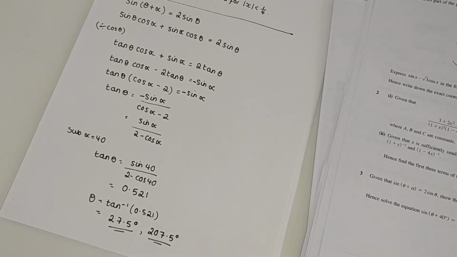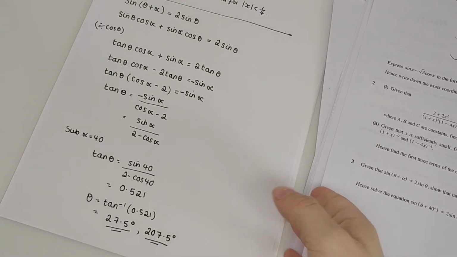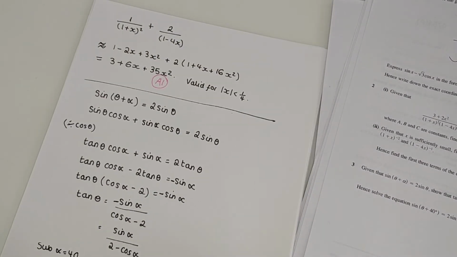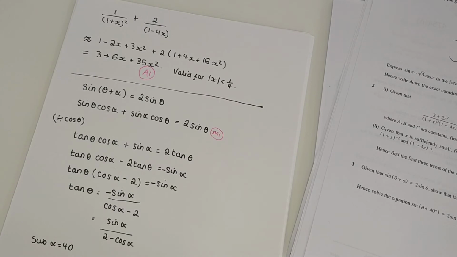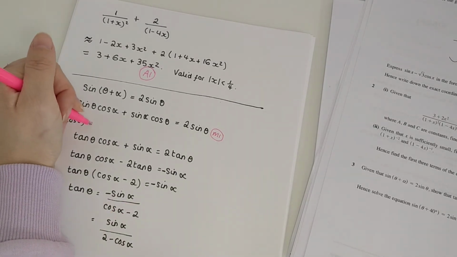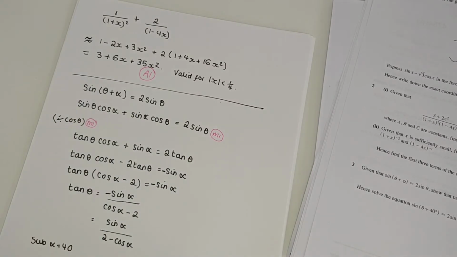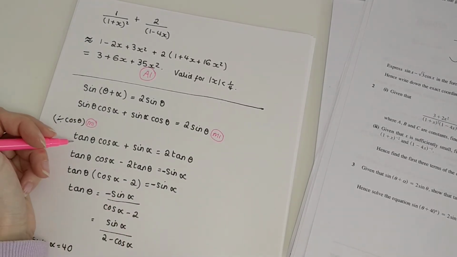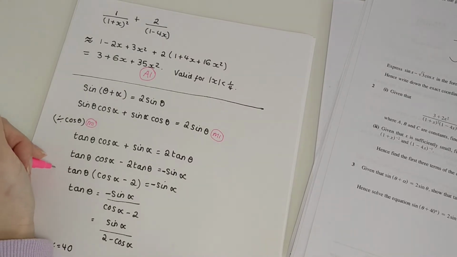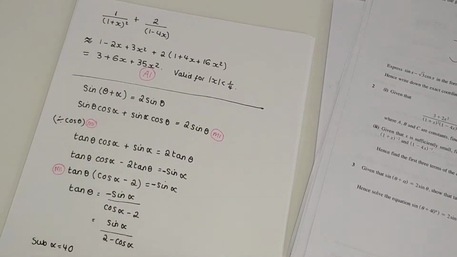Okay. We get M1 for using the compound angle formula. We get M1 for dividing by cos theta. We get M1 for collecting the terms in tan, or sacrificing the tan.